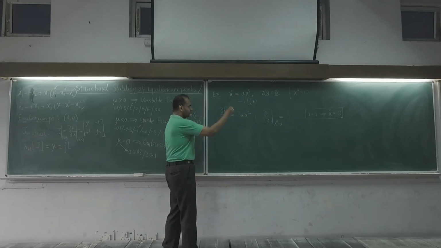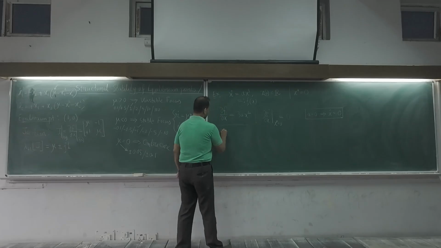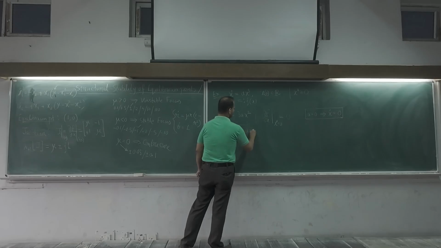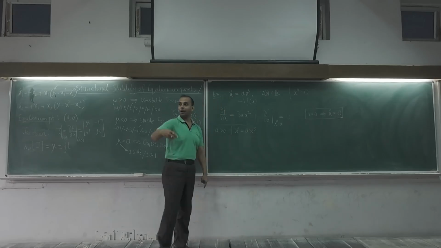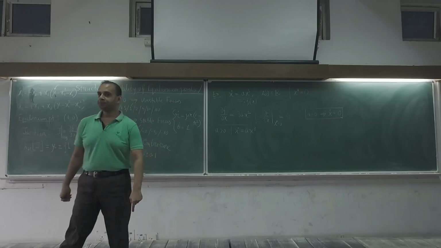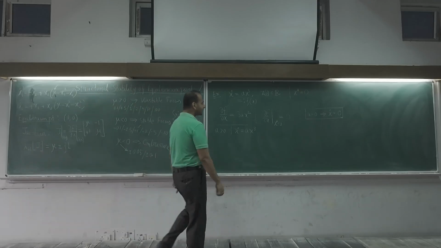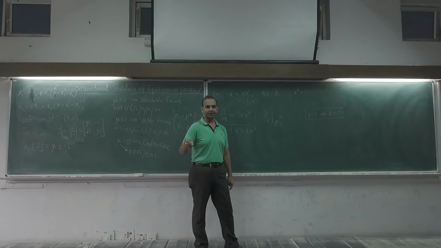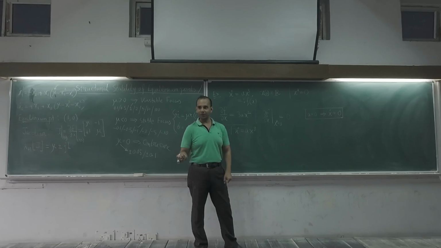Okay. Now for the other case, a greater than 0. What will happen? x dot equals a x cube. You apply the stability criteria for scalar systems, what did we learn? That is x times x dot. If that is less than 0, then it is asymptotically stable, it will converge to the equilibrium point. If x times x dot is greater than 0, then it will diverge, right?